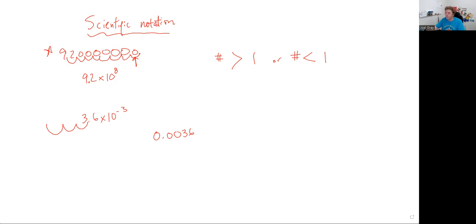Okay, so the convention whenever you're writing a number with scientific notation is to have only one digit to the left of the decimal.